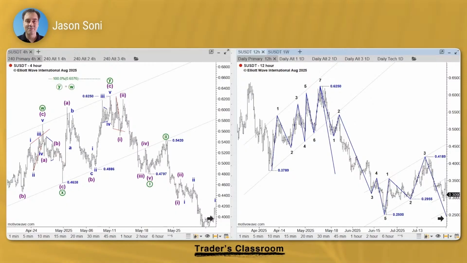But the 7-swing move suggests that it's a double zigzag as opposed to a zigzag, as a zigzag is a 3-wave move, and a double zigzag is a 7-swing move. So not only have I established what I think is likely unfolding, i.e. a double zigzag, by first the corrective-looking price action, the overlapping waves, the actual number of waves is highlighting that it's likely a double zigzag, as a double zigzag is a 7-swing move, whereas a zigzag is a 3-swing move.